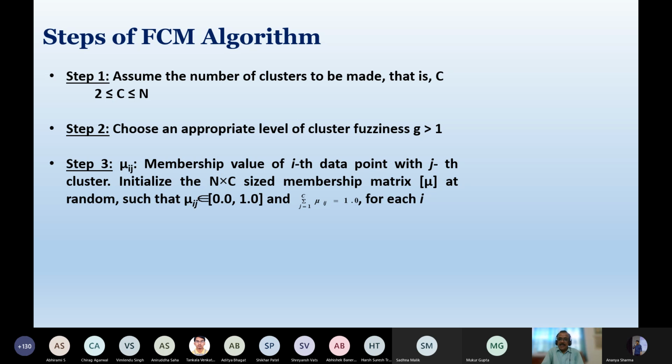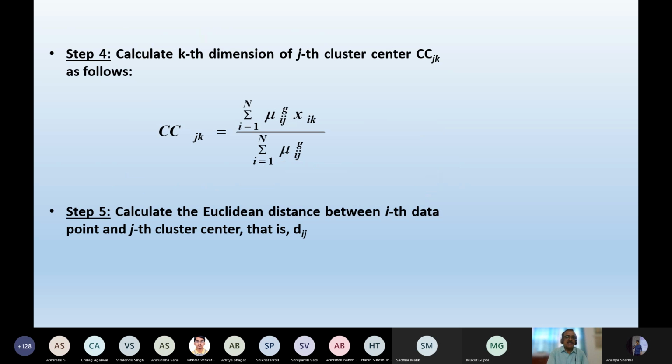That completes one iteration. Once again, with those membership function values, we will try to calculate the modified values of cluster center. Once you have got the modified values of cluster center, we try to calculate the modified values of the membership values. That will complete the second iteration, and this process will go on and on through a large number of iterations, and ultimately you'll be getting those clusters.